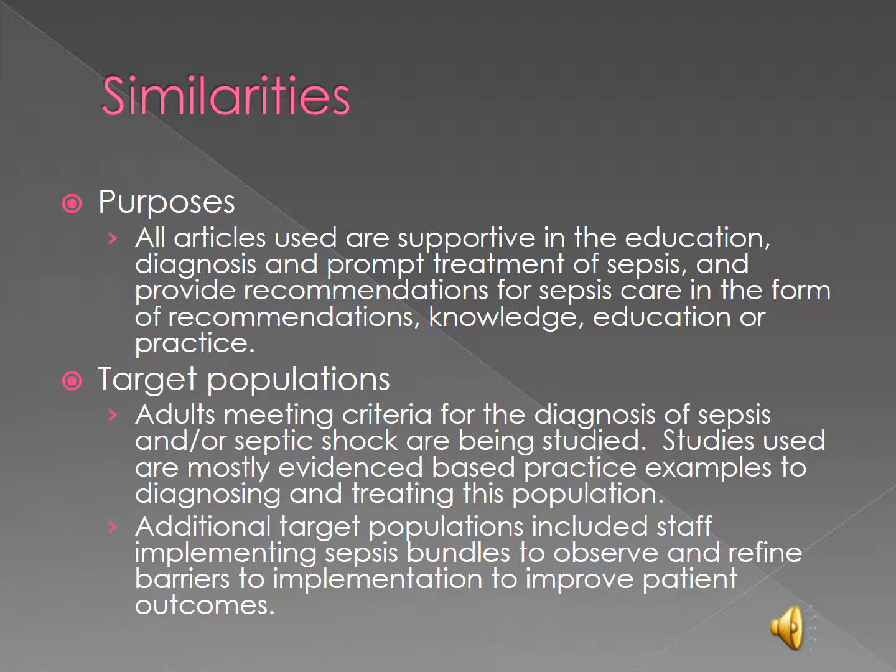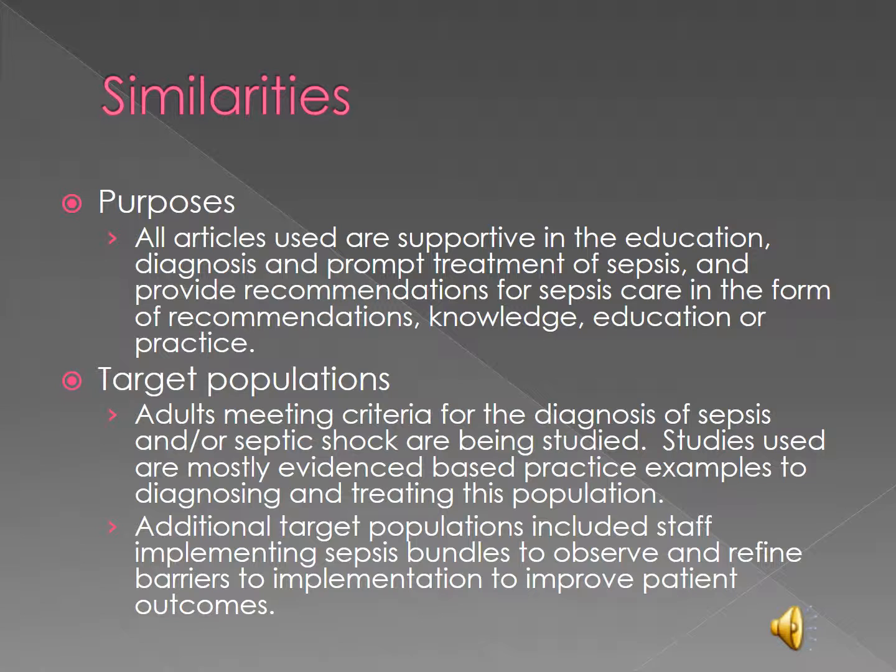All of the articles that I pulled are supportive in the education, diagnosis, and prompt treatment of sepsis. Early goal-directed therapy was a very common discussion in all of the articles that I used. These articles provided a lot of recommendations. They provided knowledge and education towards the practice and the early intervention for sepsis management.